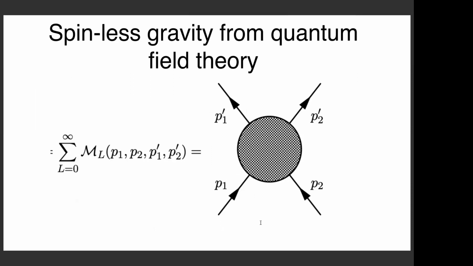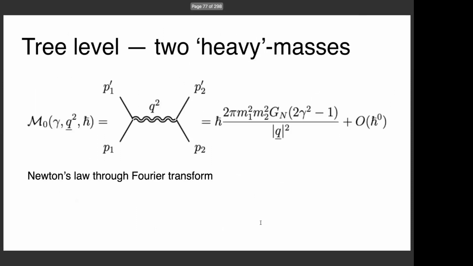So why is that? What happens is that if you work out the tree-level interaction, it's relatively easy from the Feynman rules to verify that you get a term which is 1 over q squared times a coefficient. And if you keep things relativistic, you have here a relativistic factor gamma.